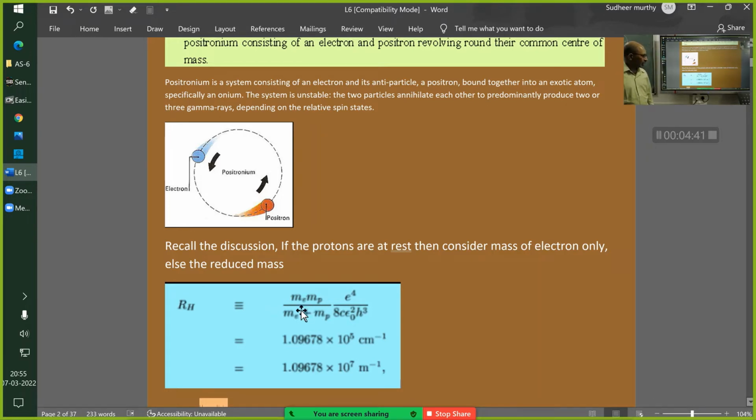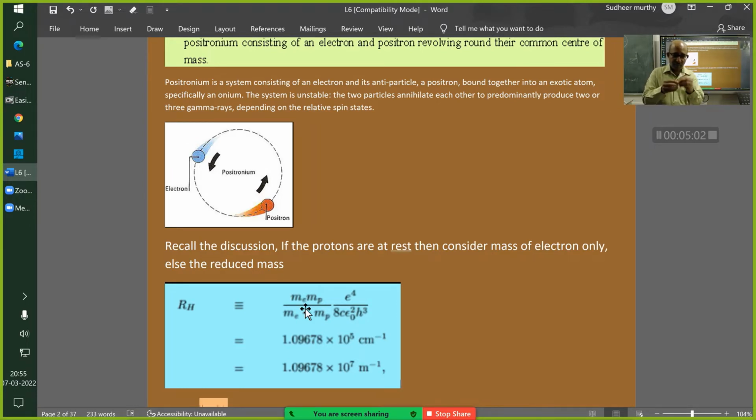So when you consider reduced mass, here the consideration is that in the nucleus, the protons and electrons are not at rest. They are also revolving. Hello, are you with me? Yes, sir. They are also revolving.